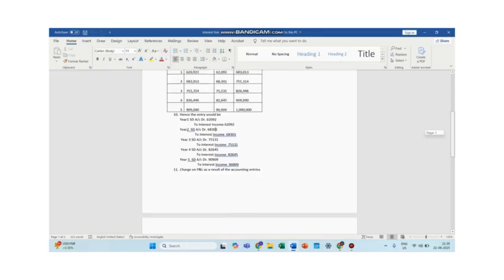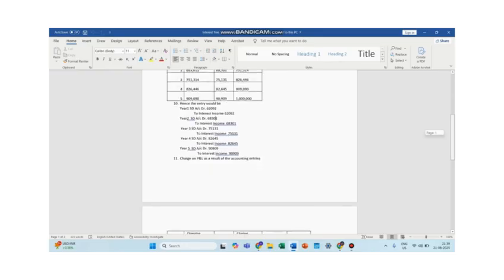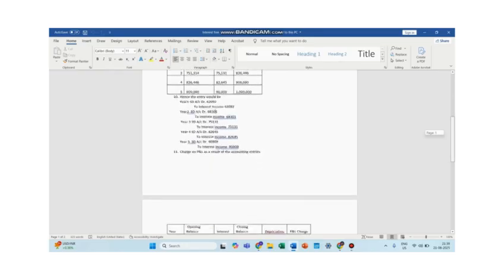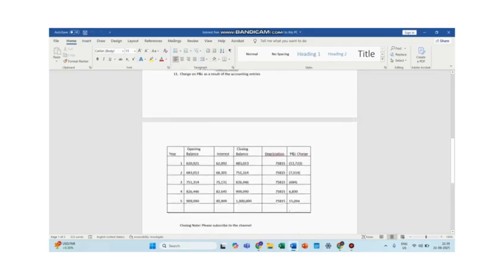So how would the charge in P&L take place as a result of these accounting entries? We see that the interest is 62092 and depreciation is 75815 in year one. So there will be an additional charge of 13723 in year one.